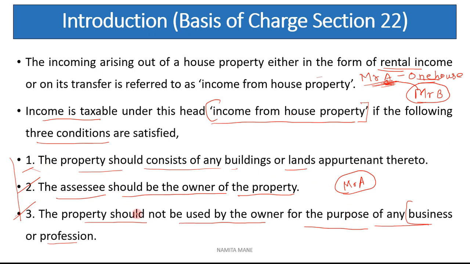So if these three conditions are satisfied, the income generated from that type of property comes under income from house property. I hope you have understood what you mean by income from house property. In simple words, any person who is getting some amount of money in the form of rent from a tenant, it will be considered as income from house property.